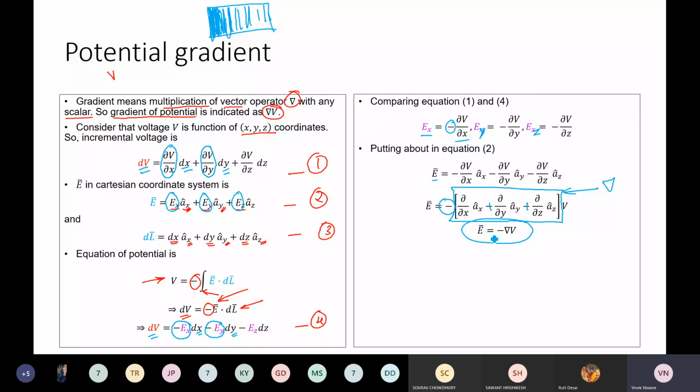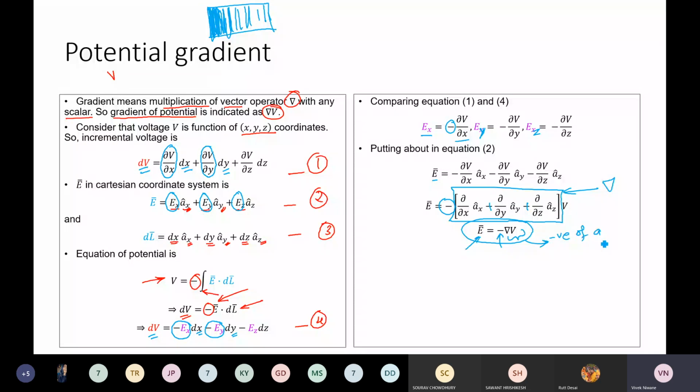Okay. So how to read this expression: the electric field intensity generated due to a point charge is negative of the gradient of electric potential.